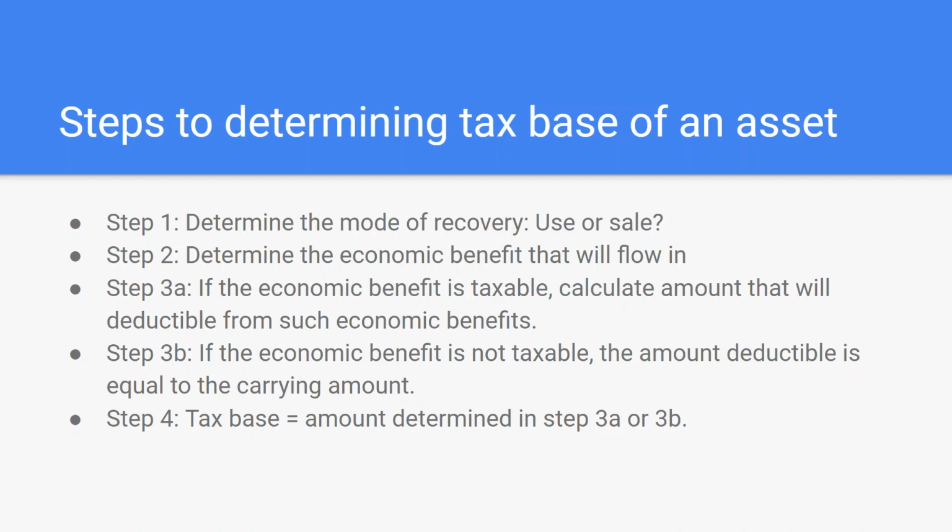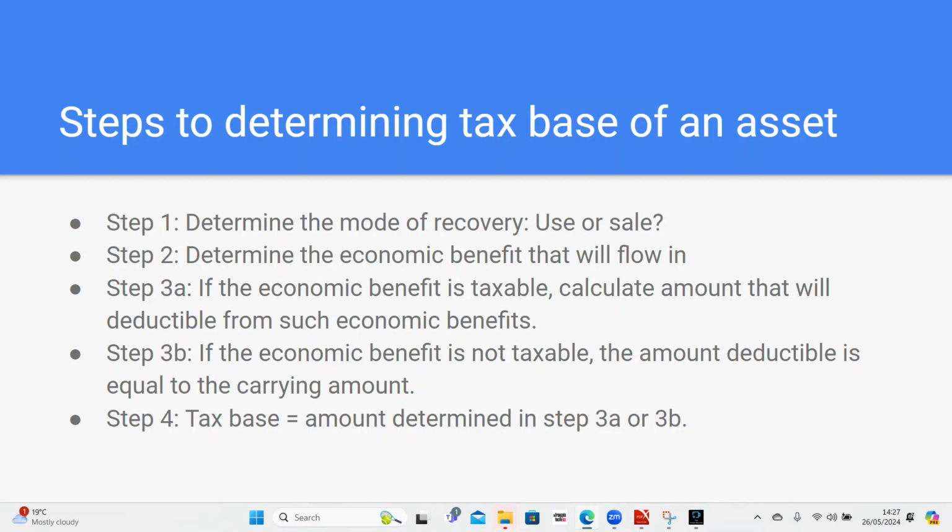In most cases, recovery through use is the default position, because you have a machine, you're going to use it to produce goods, and you produce goods and you depreciate it in the process. That's the way you recover it, and alongside you depreciate it until it becomes scrap. In some other cases, it's a building, which you then use to accommodate tenants and you earn rental income. So it still is by use.